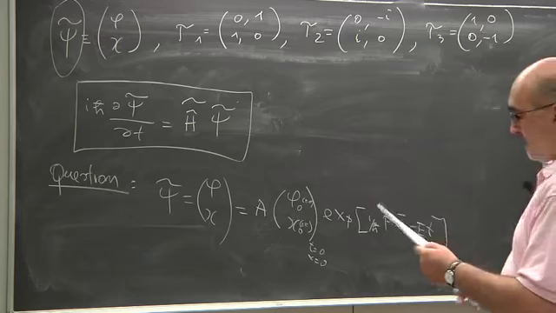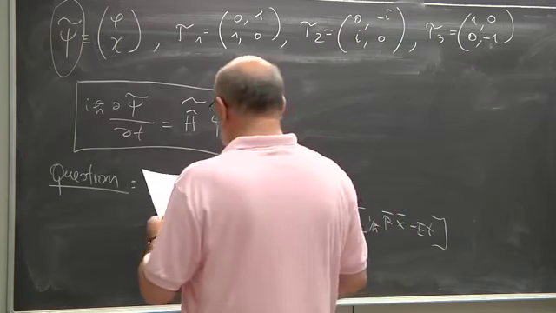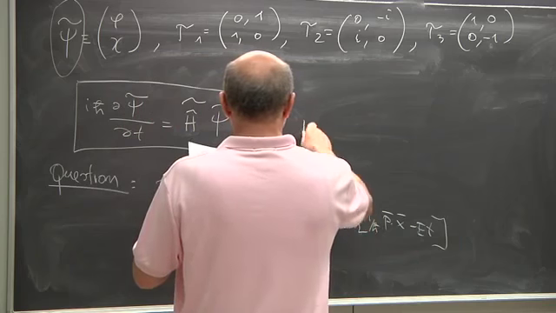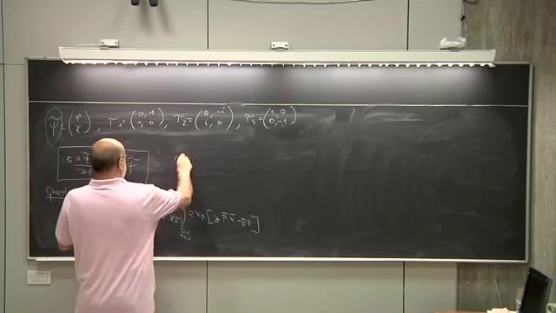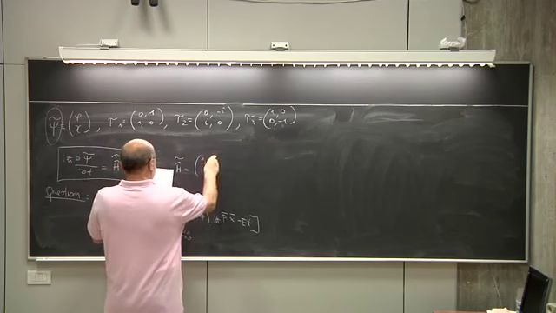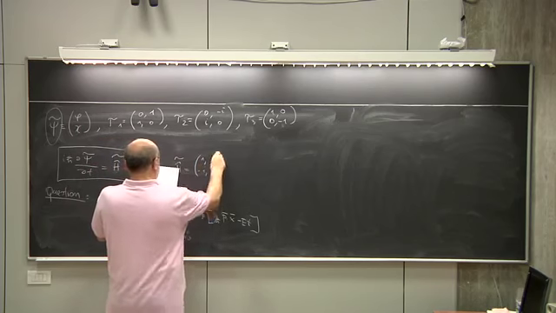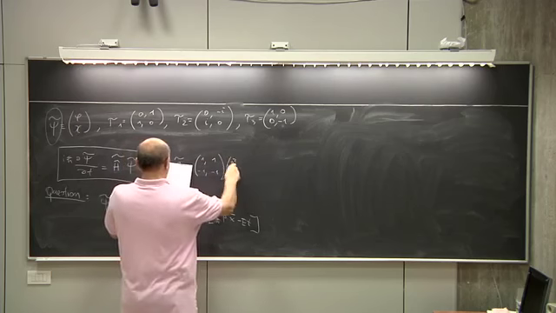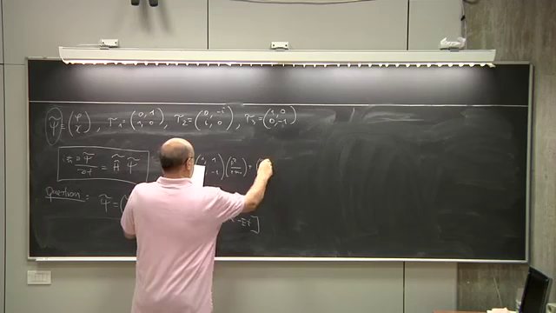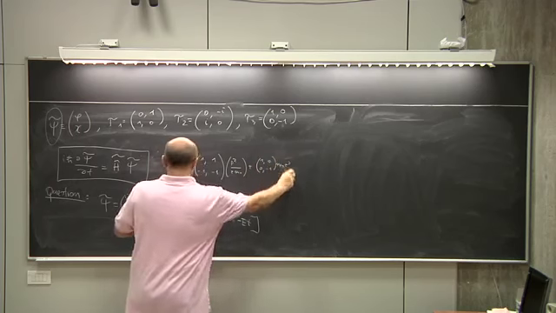Okay, let's remember the form of H. You remember the form of H tilde? H tilde has the following form: the matrix with entries 1, 1, minus 1, minus 1, times p square over 2m, plus the matrix 1, 0, 0, minus 1, times m0 c square.